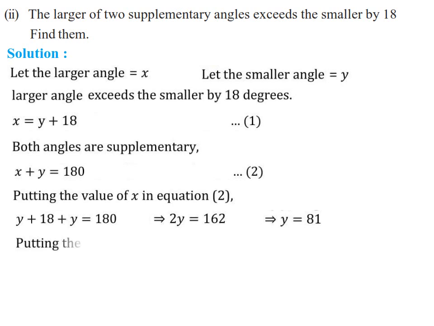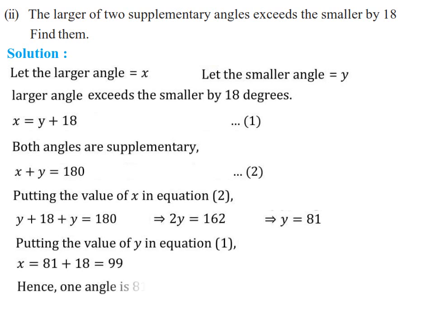Now putting the value of y in equation number 1, I will get x equals 81 plus 18, which equals 99. So here we can say hence one of the angles is 81 degrees and the other angle is 99 degrees, or the larger angle is 99 degrees and the smaller angle is 81 degrees. So this is the answer for the second question.